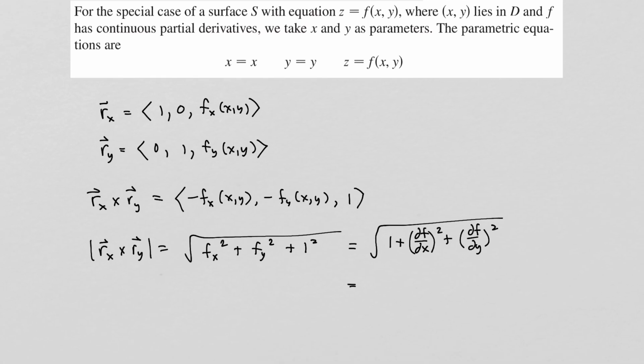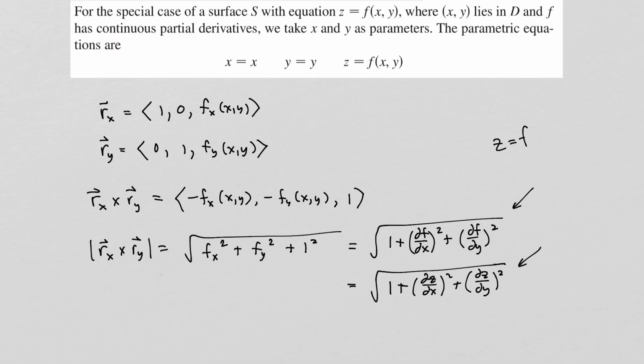Or we could even write this as the square root of 1 plus the partial derivative of z with respect to x squared plus the partial derivative of z with respect to y squared. Both of these notations are the same, of course, because we know that z is equal to f of x, y.